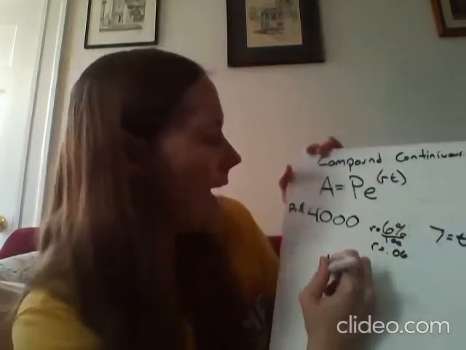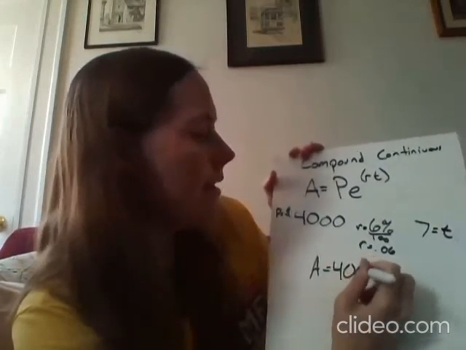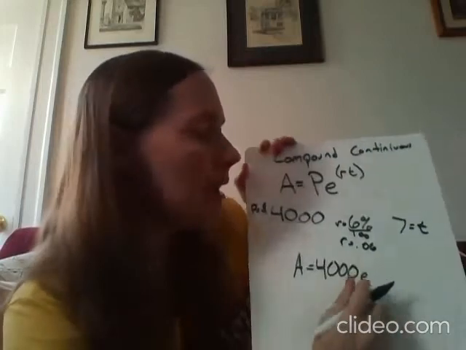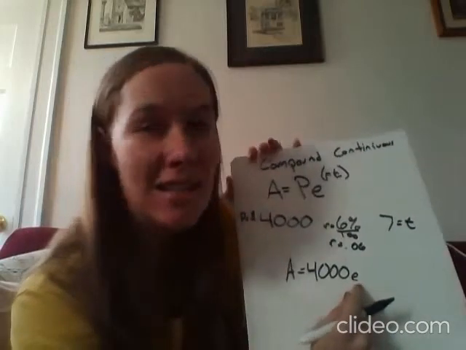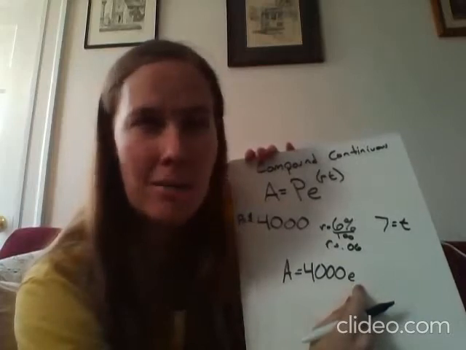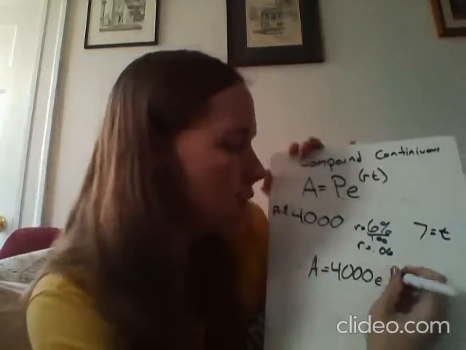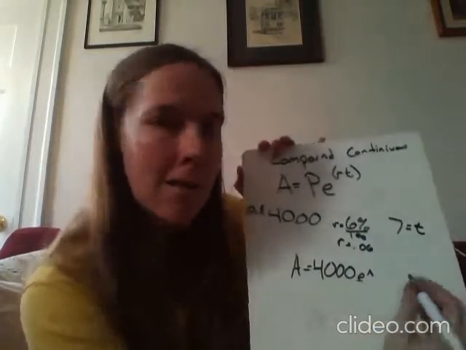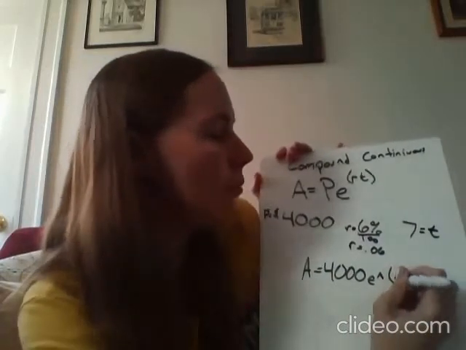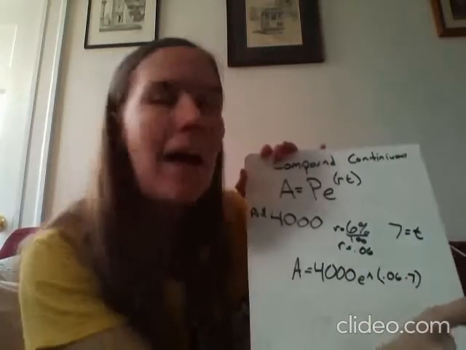So I have A equals, my P is 4,000. E, remember E is just a number. I think it's like 2.71 something. I don't remember off the top of my head. E, and then you raise it, that little caret, and then in parentheses, my rate, which is 0.06, times my time, which is 7.